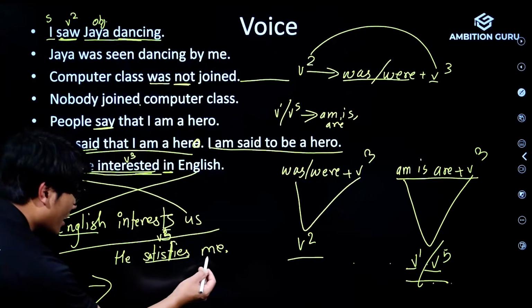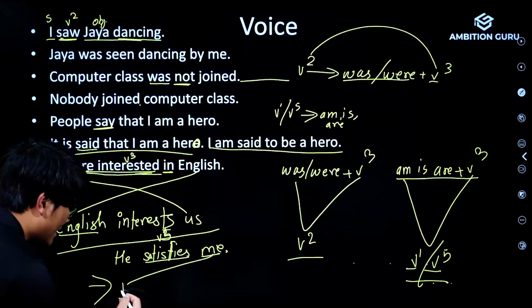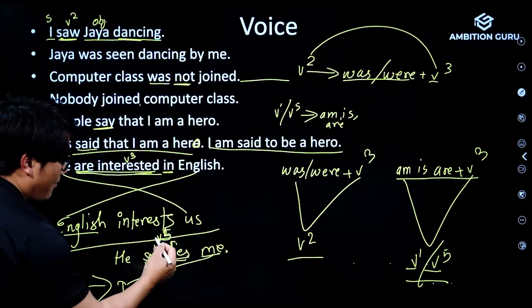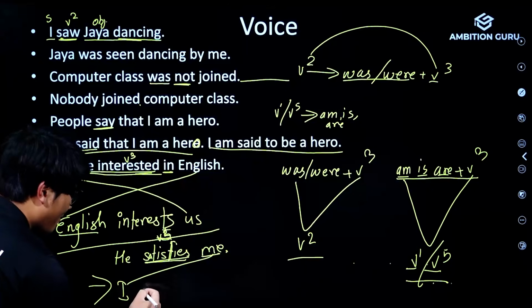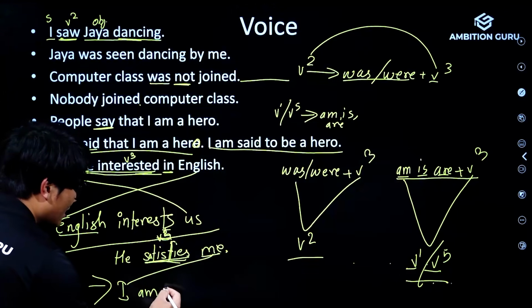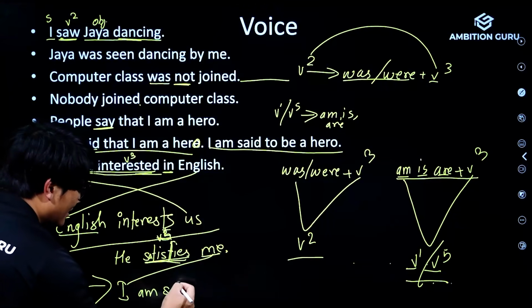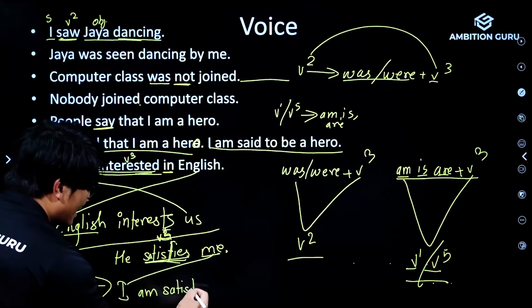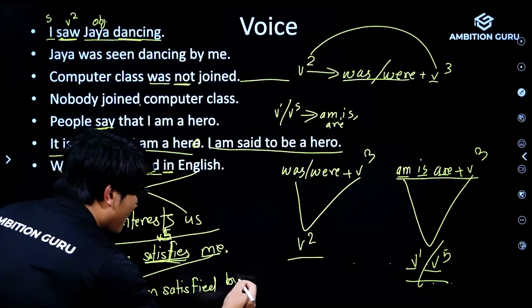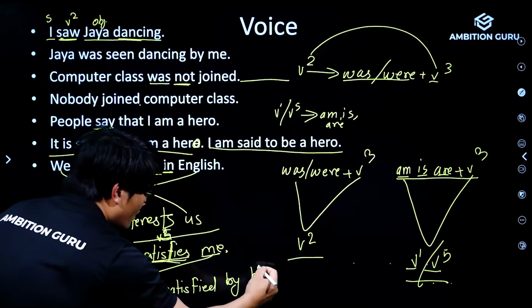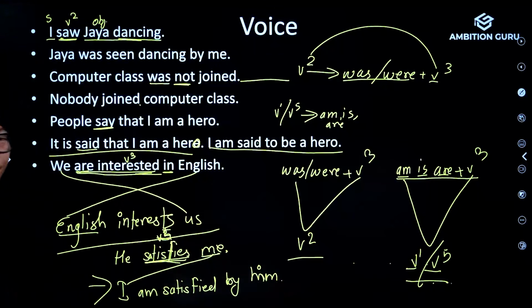So we write here me comes first and the subject is I. So this is verb 5. So verb 5 means what? Am is are. So I takes am and verb 3 of satisfies is satisfied. And do we need to write here by him? Do we need to write here by him?